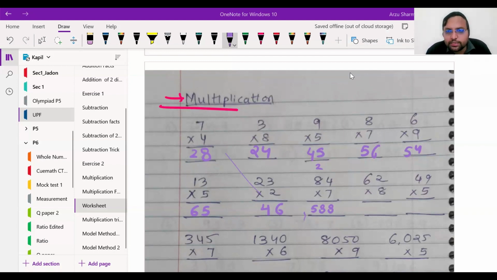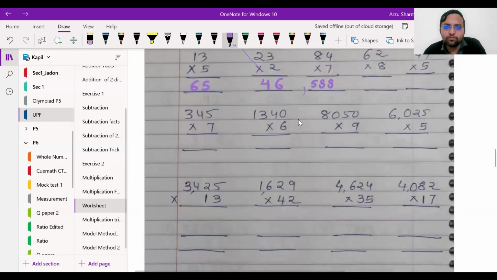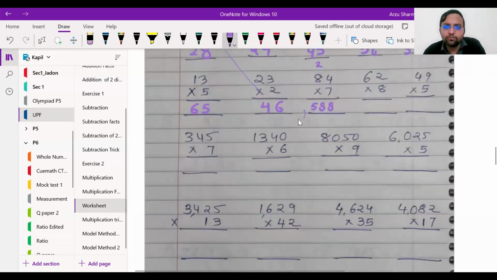Do the calculations properly. So 62 times 8. Next one. Guys, 62 times 8. Yes, 496. Then 245. Sujal, you have written 2425.